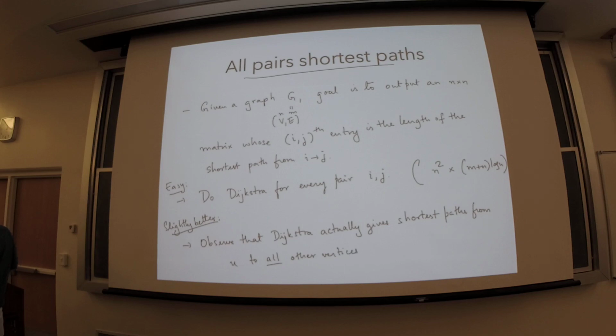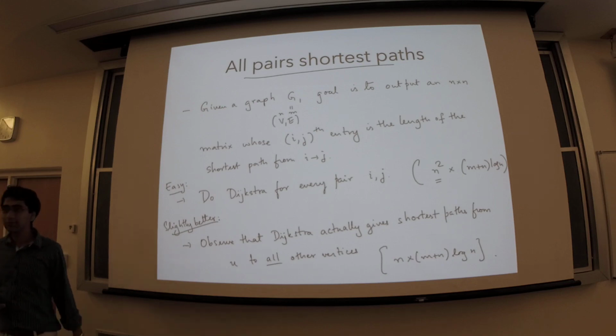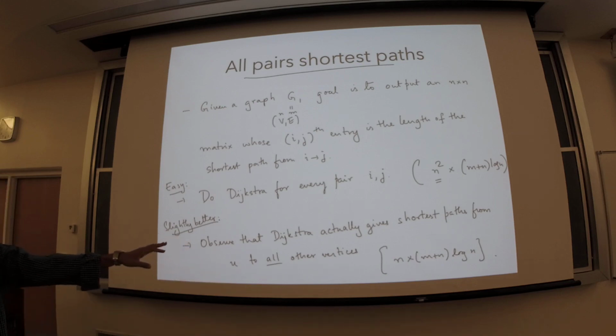So this reduces the n squared to n, and you can compute this in time n times (n plus m). This is fine, and for somewhat sparse graphs it's actually pretty reasonable. Typically in real-life graphs, m is roughly the same order as n, maybe a couple of hundred factor or something like that. So this is not terrible.